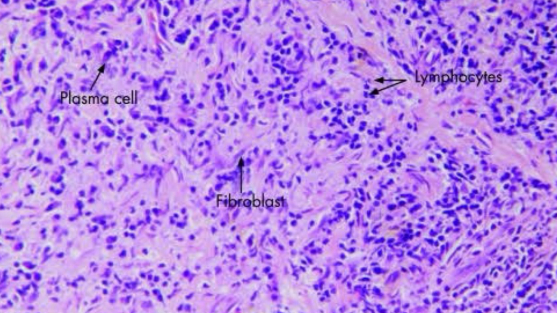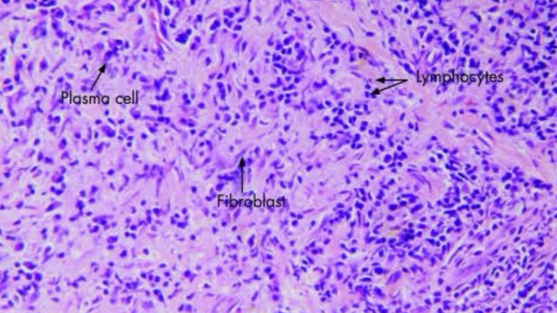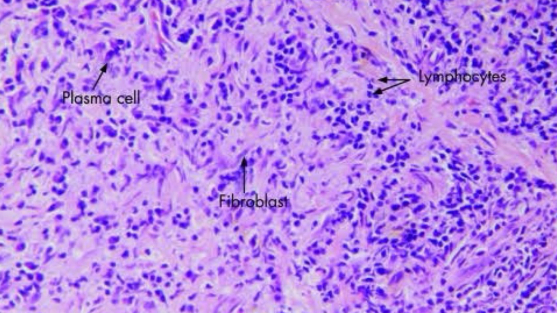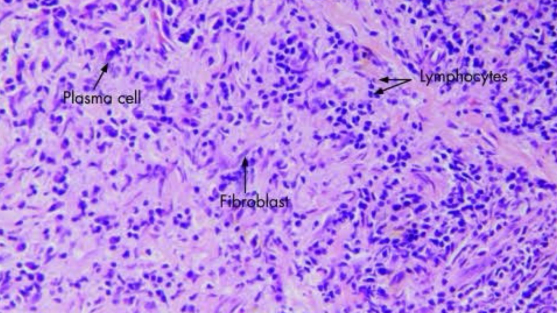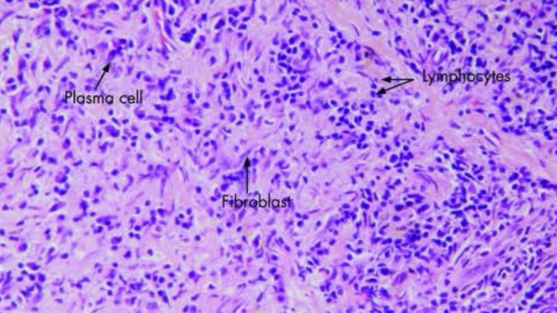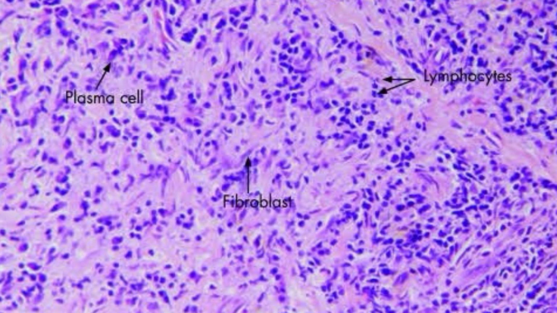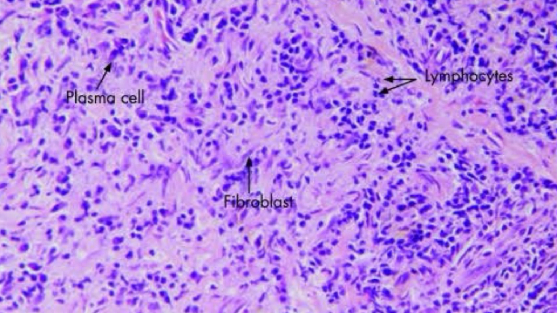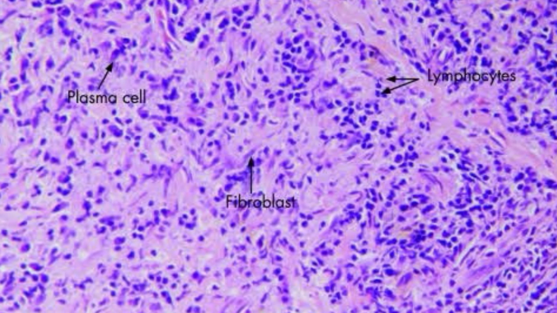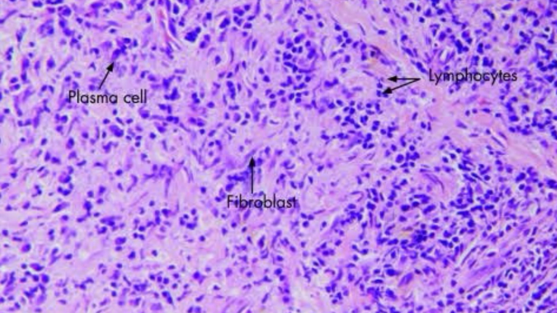The histological picture is variable, ranging from diffuse polymorphous cellular infiltrate to non-granulomatous inflammation with infiltrative sclerosis. And there are diffuse mononuclear cells, lymphocytes, and plasma cells, which are spread in the fibrovascular tissue.